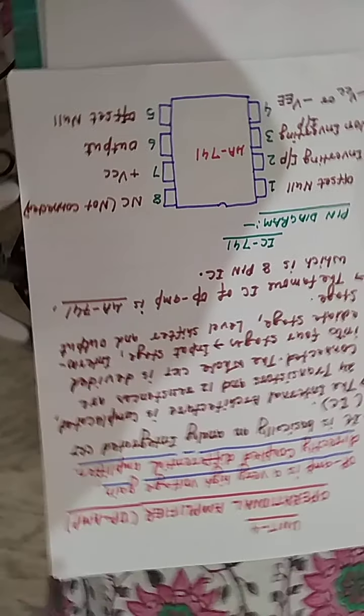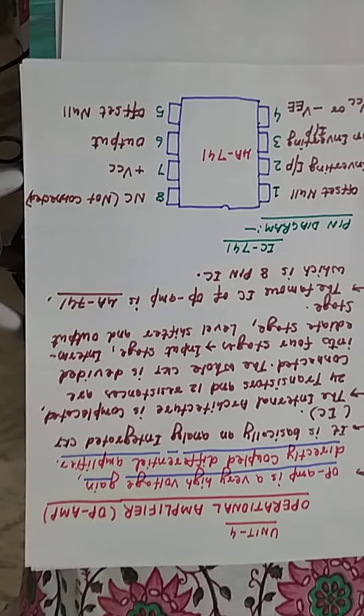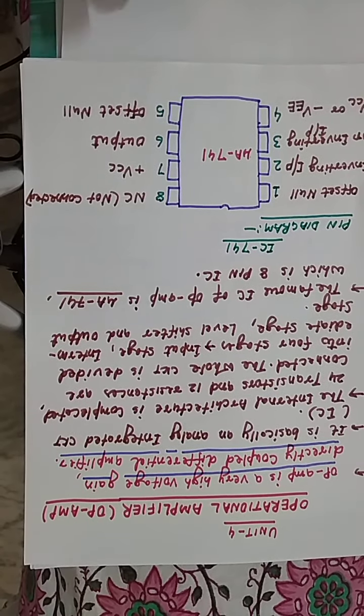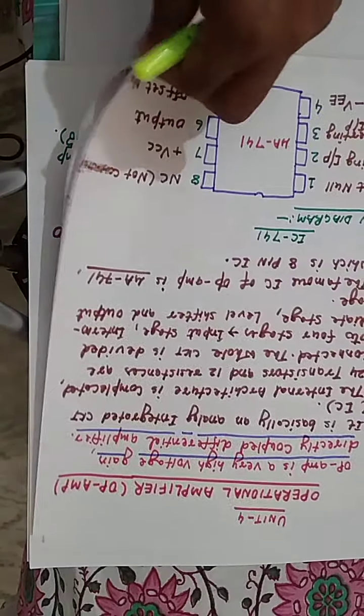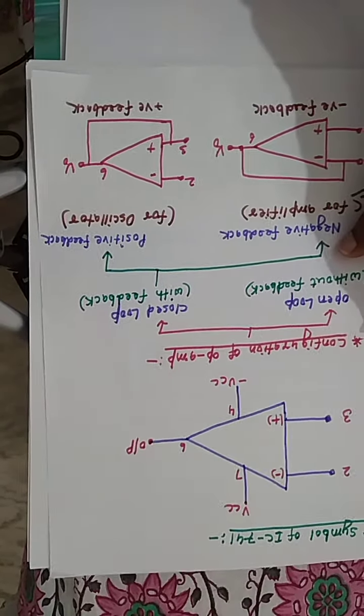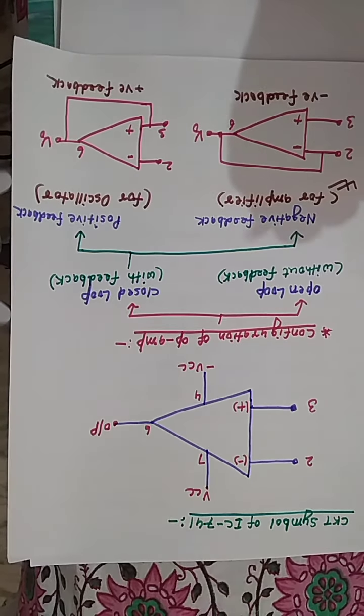Okay guys, now this is all about the pin configuration of the 741 IC. But there is also a circuit symbol of the 741 IC. This is the circuit symbol, like a NOT gate.